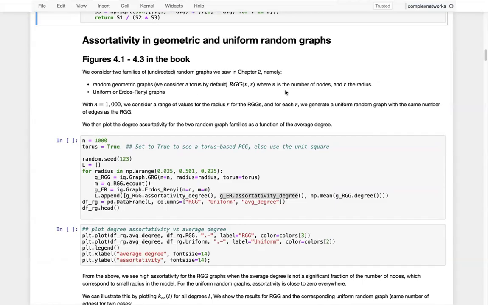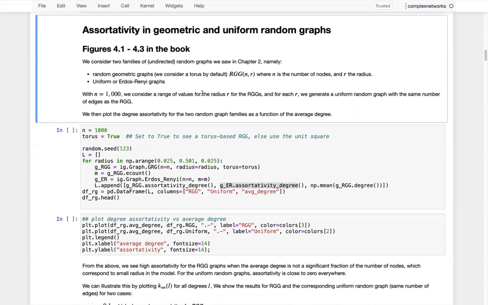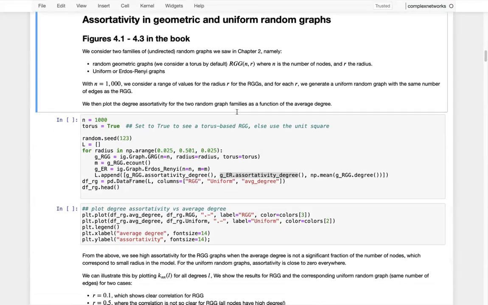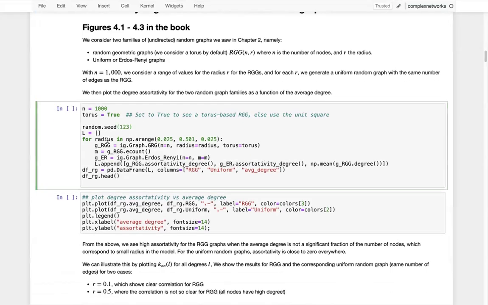So if you have a higher radius, you will create, of course, more edges. And then the uniform or Erdős-Rényi graph. So we're going to be generating a bunch of graphs with 1,000 nodes, varying the radius for the random geometric graph. And then we're also going to generate a uniform graph with the same number of edges as the corresponding random geometric graph.